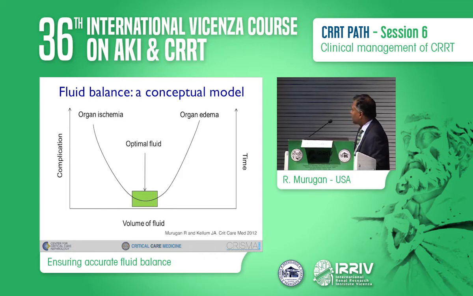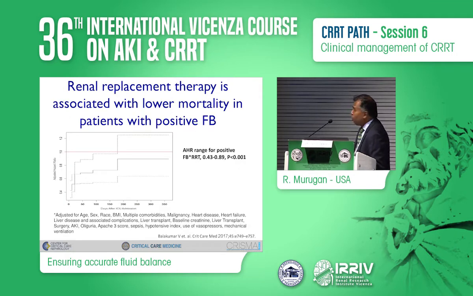And you can see that in this cartoon that we proposed here, if you give too little fluid, there's organ injury by organ ischemia, and if you give too much fluid, there is organ edema that subsequently causes organ dysfunction. So what happens when you put these patients on renal replacement therapy? We noted this striking finding in which if you take a patient with positive fluid balance and you start renal replacement therapy, for some reason the hazard associated with positive fluid balance is attenuated.